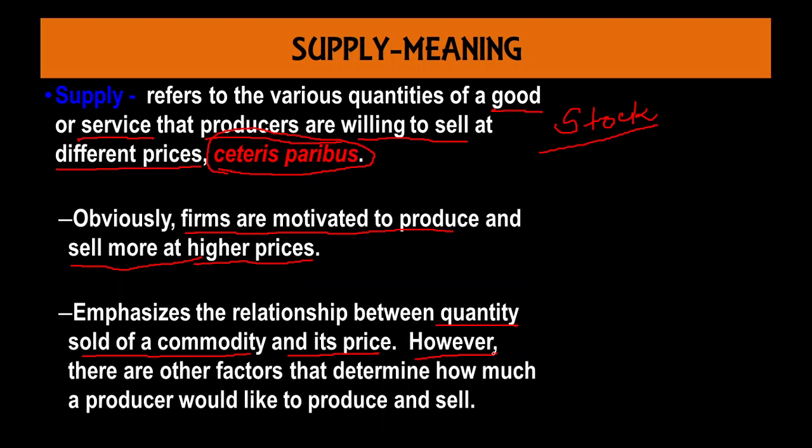However, as I told you, with the ceteris paribus assumption, the other factors that determine how much a producer would like to produce and sell are taken as constant. तो ये चीज़ें हमेशा हमें ध्यान में रखना है कि प्राइस और सप्लाई का जो रिलेशन है, that we will see in law of supply. But when we study the relation between price and quantity supplied, we assume that other factors, those factors also we will study now in this class only.